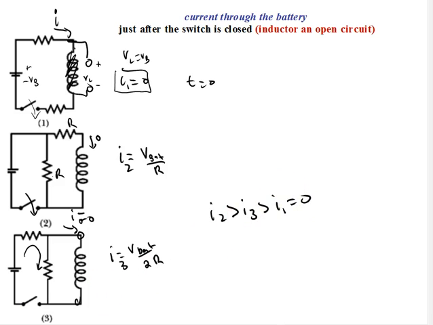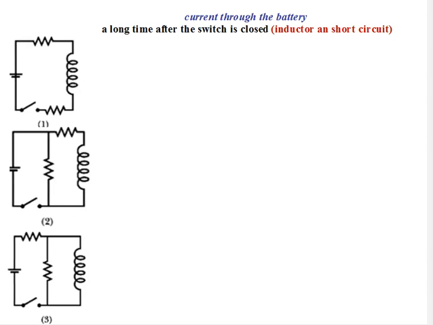Let's look at the case a long time after the switch has been closed. Then our inductor is going to look like a short circuit. So if our inductor looks like a short circuit, it's just going to look like a wire, right? It's just going to look like a wire here.